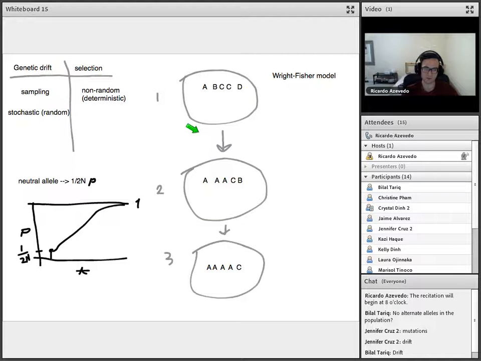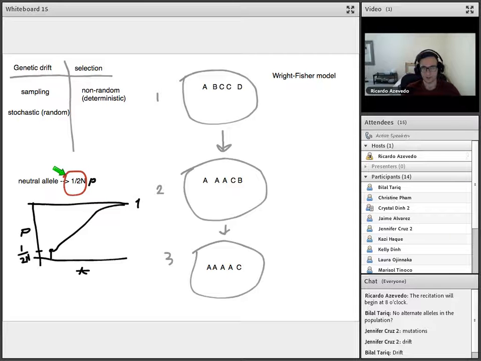So the probability of fixation is also the frequency of the allele in question, right? So 1 over 2n is both the probability of fixation and the frequency. Clear so far? So for a neutral allele, genetic drift is going to act on the allele, and the probability that the allele in question would go to fixation is simply its frequency.